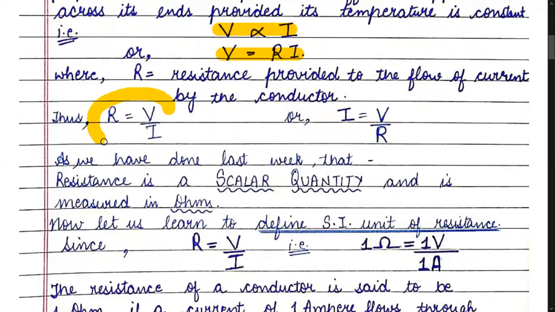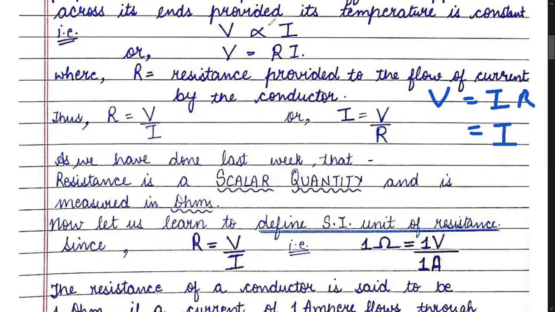Even if you arrange the formula of Ohm's law, you can find the value of R as R is equal to V upon I. And in case you make I the subject, V is equal to IR.